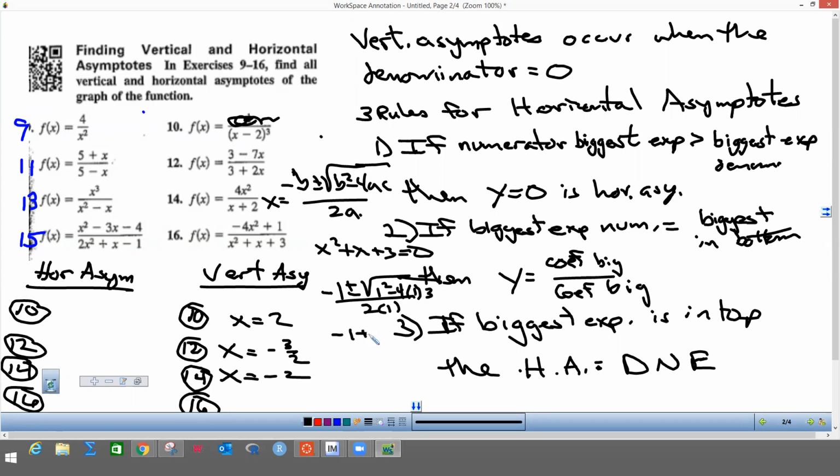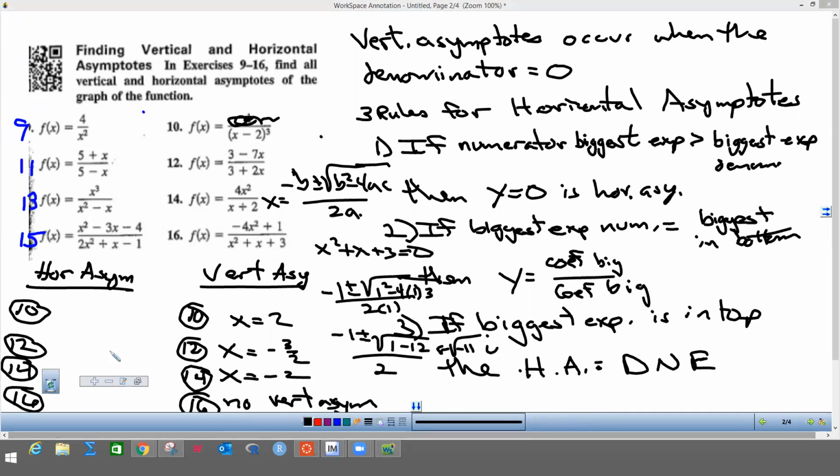So I get -1 plus or minus, then in the square root, you get 1 minus 12. I can stop there because 1 minus 12 is -11 in a radical, which is imaginary, which tells me there are no vertical asymptotes on this one, because there's no way to make the bottom 0.